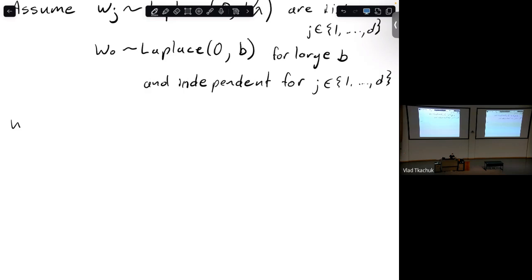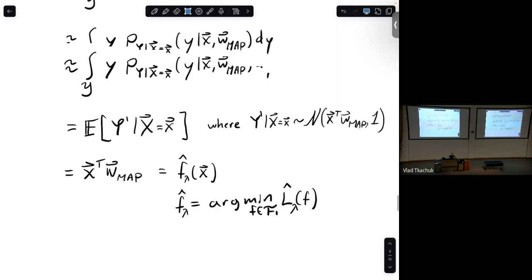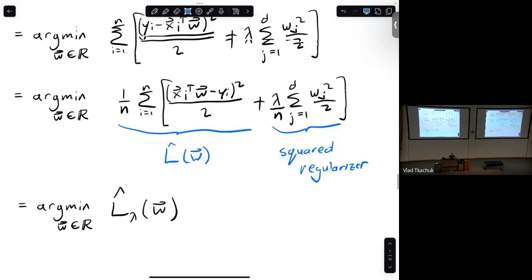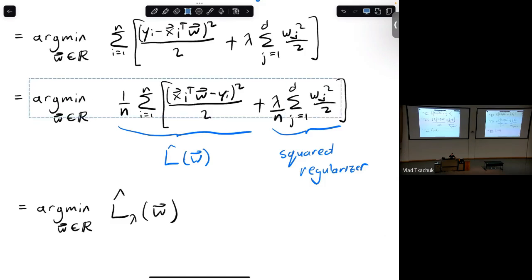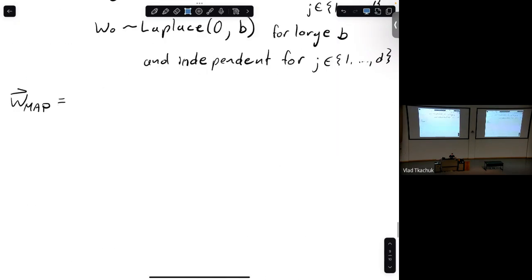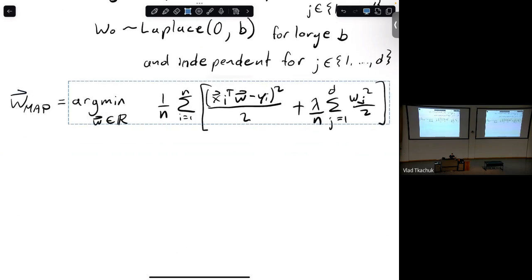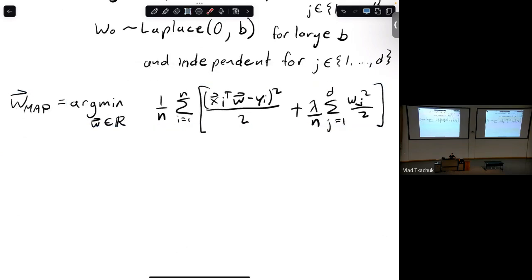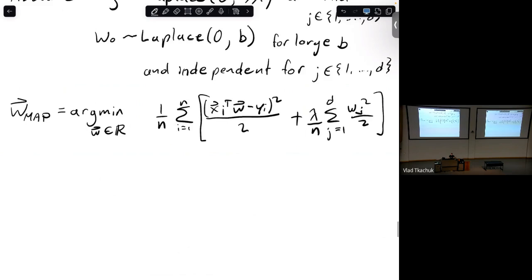And what you will find is that this W map for this procedure now with this Laplace assumption is going to equal, you can imagine the same exact thing basically. It's going to be the minimizer of this type of thing. Of course, the first term is going to be the same because this has nothing to do with the assumption on the prior, on the parameters. And this term is just going to change too. And what's it going to change to?